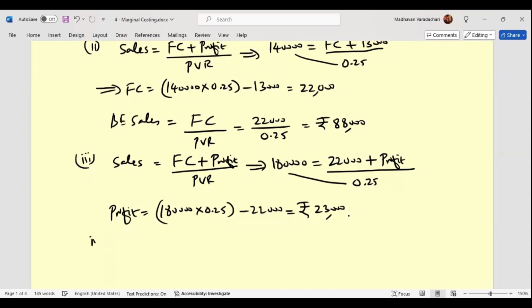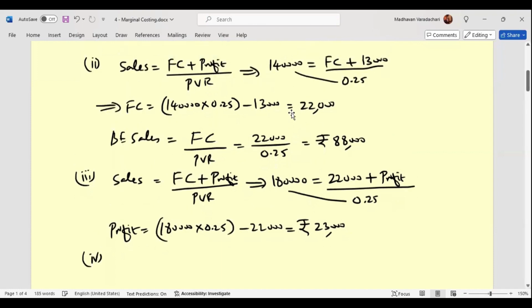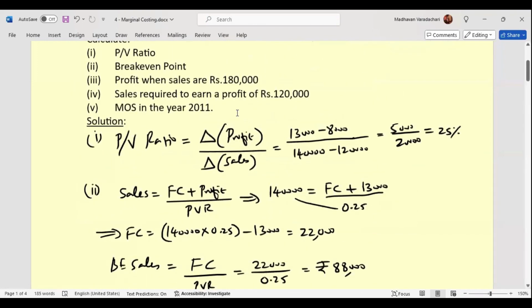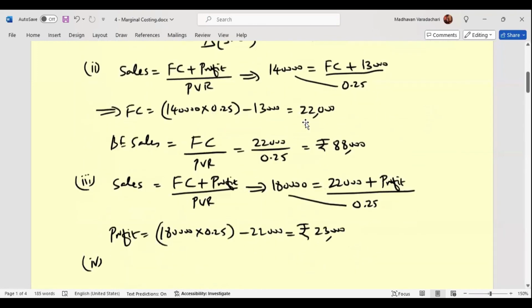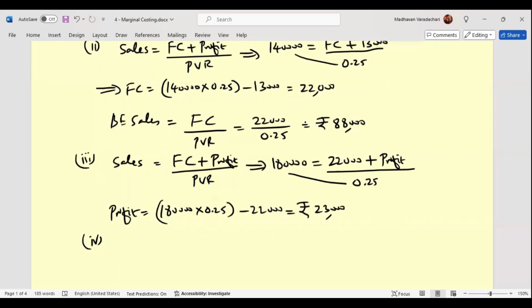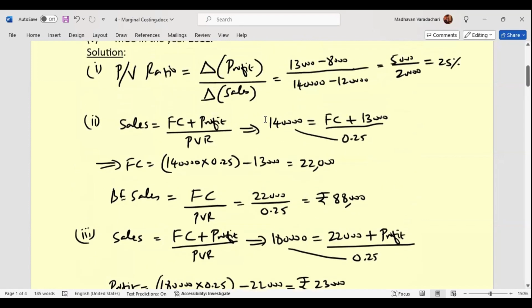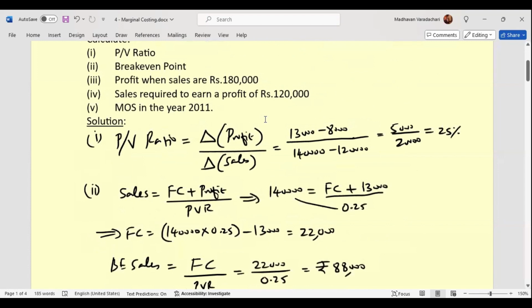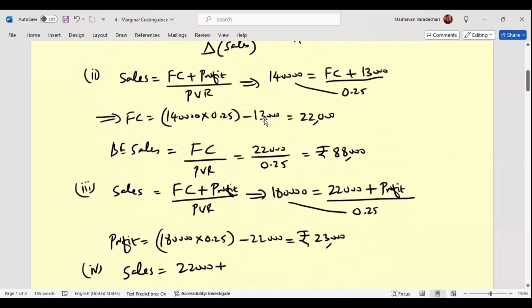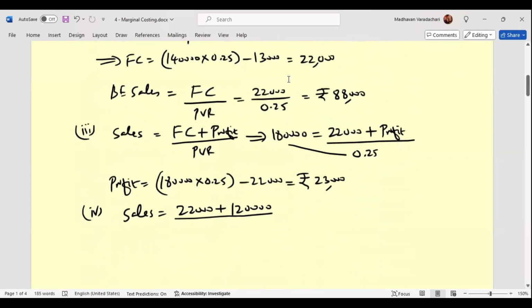Fourth part of the question. Sales required to earn a profit of rupees 1,20,000. Again, using the same formula, sales equal to fixed cost, we know it is 22,000, plus profit of 1,20,000, divided by PV ratio.